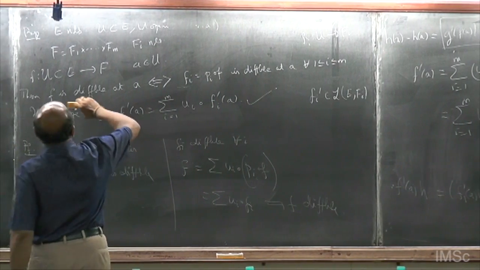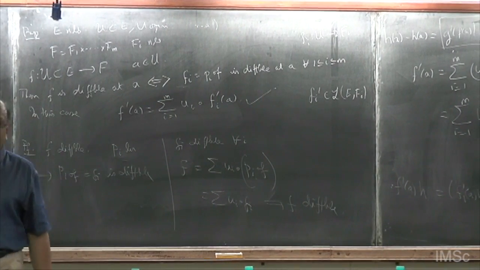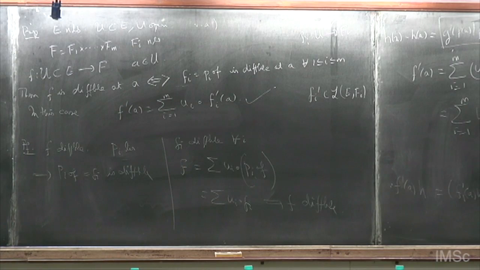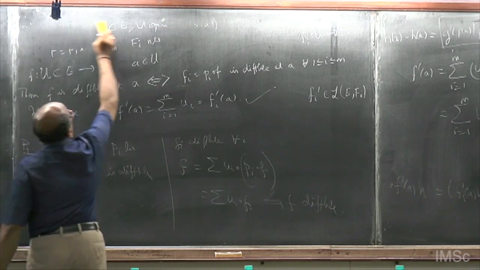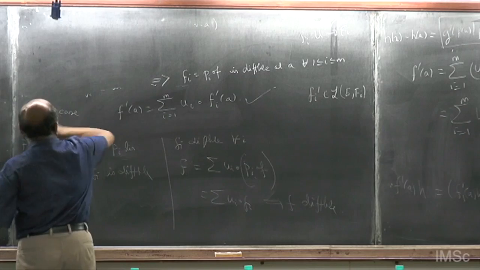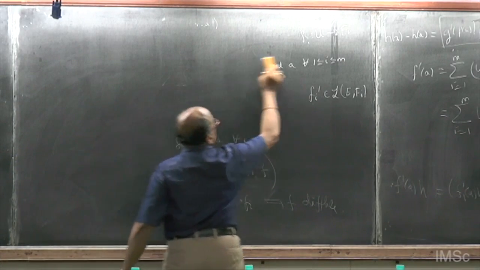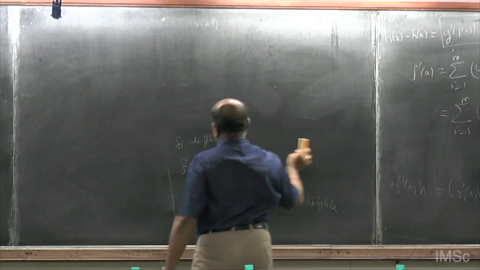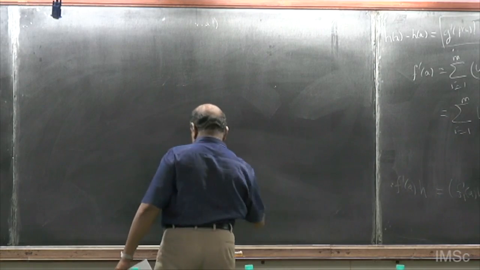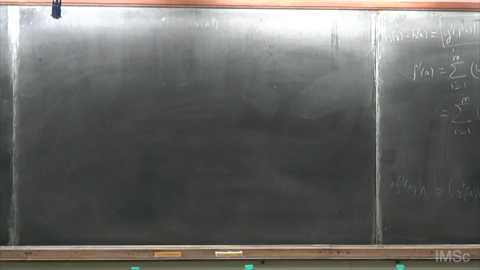Now, let me take E as a product space. Okay. So, let E equals E1, E2, En, Ei are normed linear spaces.